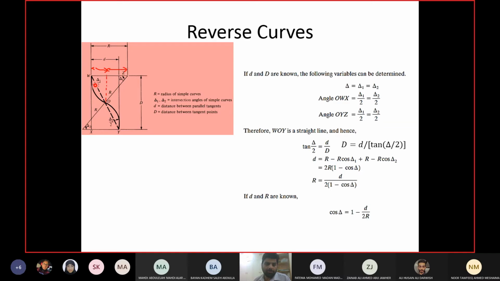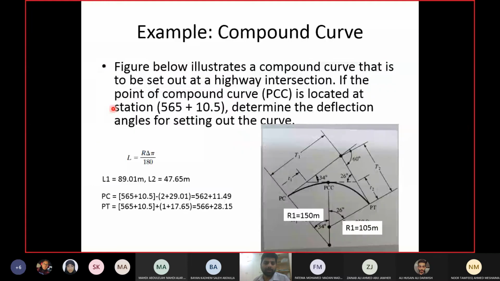Both lengths are same because both curves have same radius and same delta. So if I can find out the length of the first curve, I will add it twice to get the station of PT, right? So I need the length of the curve. For length of the curve, the equation is what we have used earlier in this figure. See, R delta pi by 180. So I need R and delta.